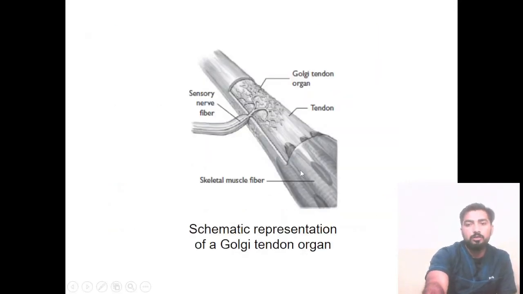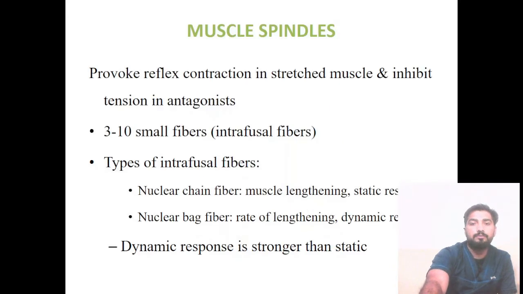So in this picture you are being shown, this one is the tendon, this is the muscle belly. So this is the musculotendinous junction where the tendon and the muscle belly are connected, and here it is supplied by the Golgi tendon organ, or the GTO, and here are the sensory nerve fibers going out of it. So this is the schematic presentation of the Golgi tendon organ present in the musculotendinous unit.